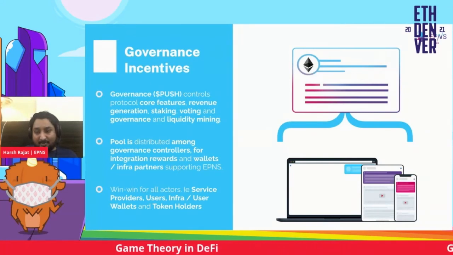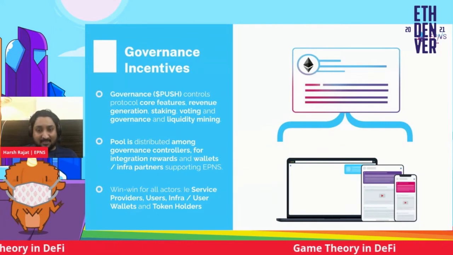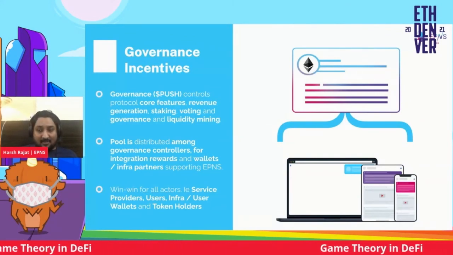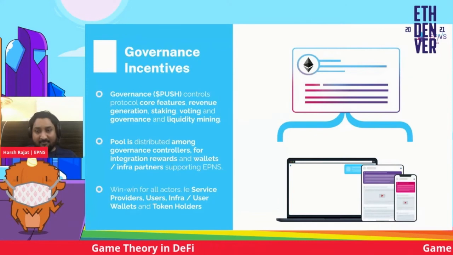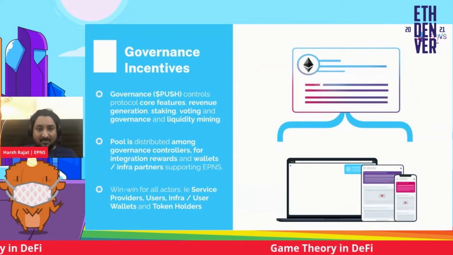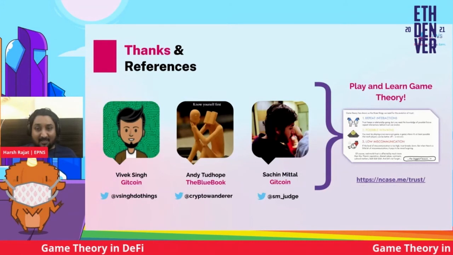And of course, this only covers three players of the ecosystem, which are services, users, and wallets. The fourth are the nodes that are forming the EPNS protocol. We wanted to make sure that the governance holders are also rewarded for their efforts, and therefore a portion of this reward pool also flows to all the governance holders. So in essence, that's game theory in DeFi.